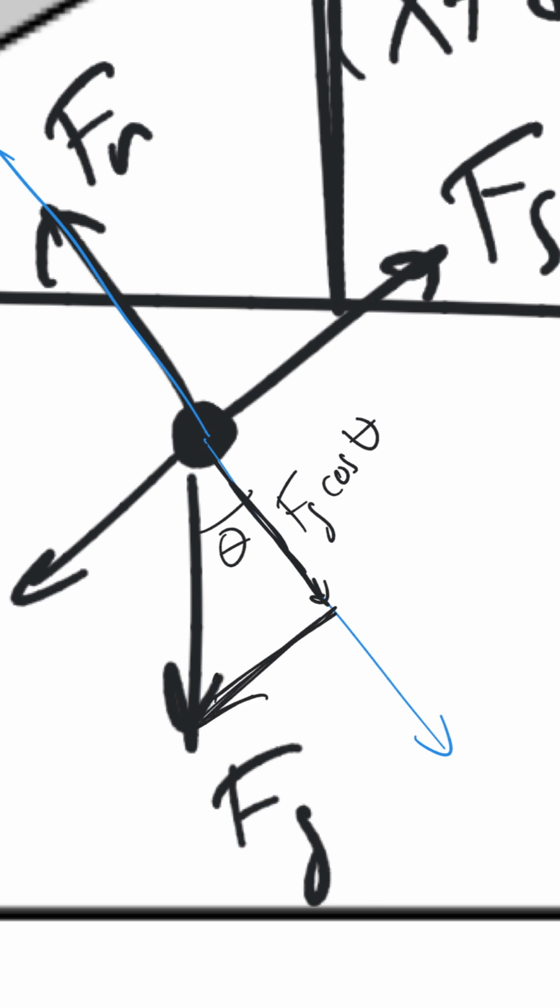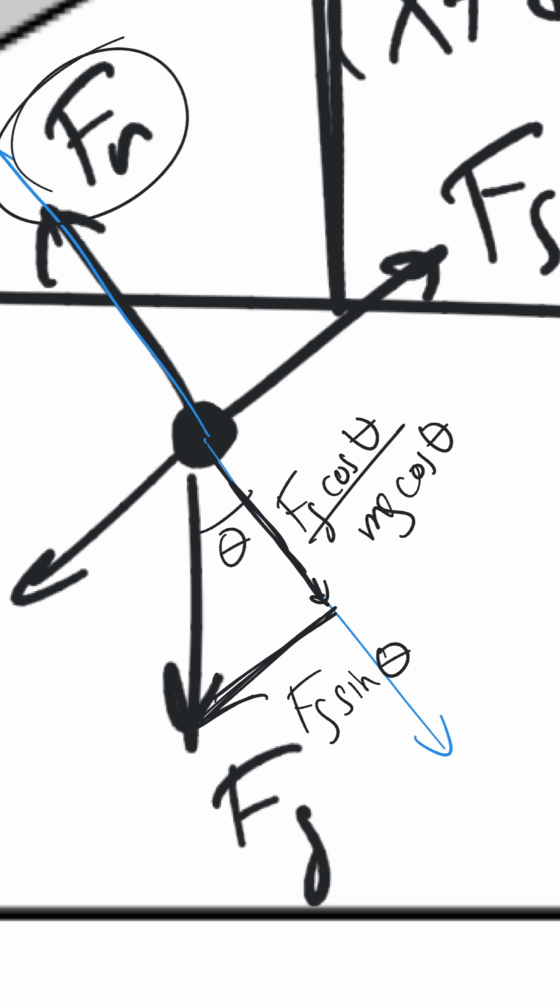And this is Fg sine theta. So this then is mg cosine theta, right? If I just do another line of it. So that then equals the normal force because they're going to be equal and opposite to keep this thing from accelerating in that direction.